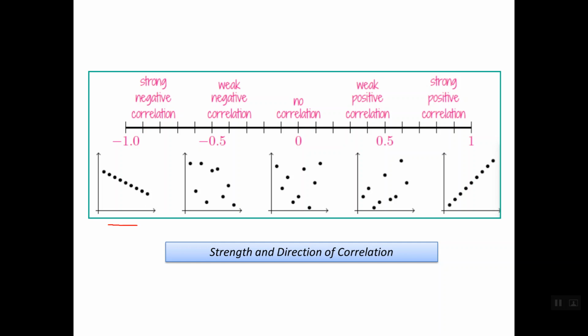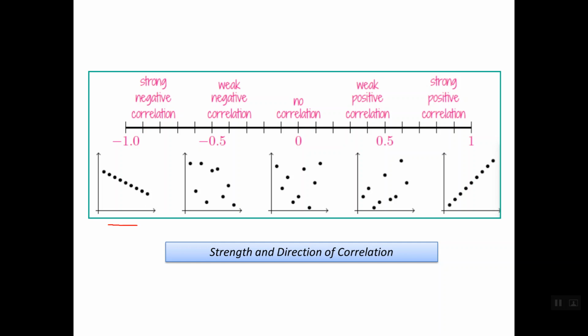So it is considered a strong negative correlation. It is negative simply because as the value of x increases, the value of y decreases, and we can join all the points in one simple straight line. So in this case, we have strong negative correlation, and the value of the correlation here is -1.